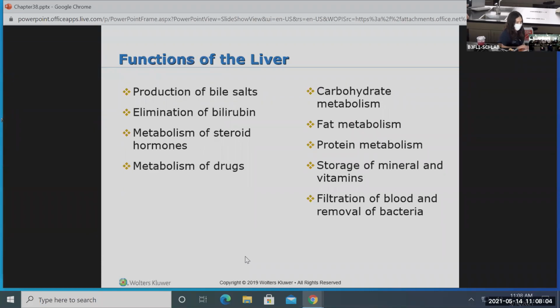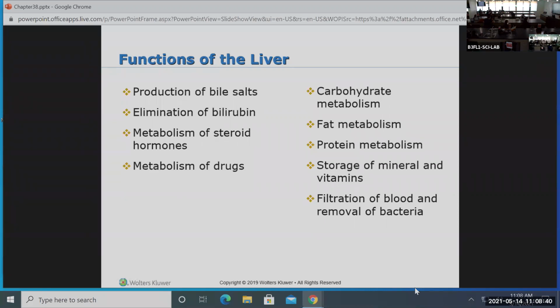Next is the metabolism of steroid hormones. The liver helps in the metabolism of drugs. So this is normal metabolism of carbohydrate, fat metabolism, protein metabolism, storage of minerals and vitamins, filtration of blood, and the removal of bacteria.